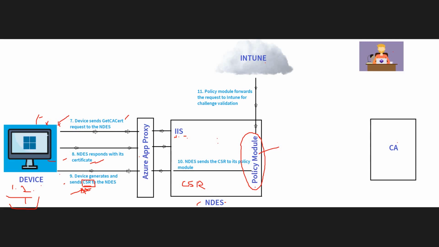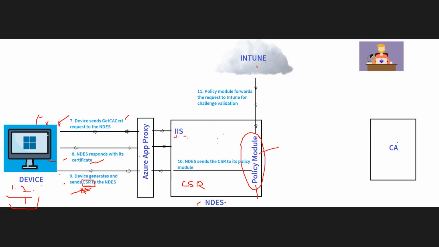So the NDES server sends the request to the custom policy module, and the custom policy module in turn is going to send the request to the Intune service. And the validation of the OTP is going to be done by the Intune service.